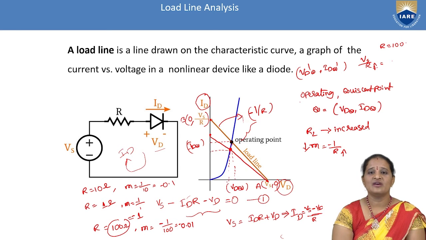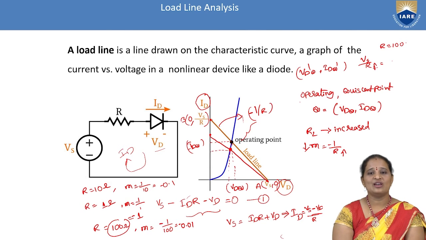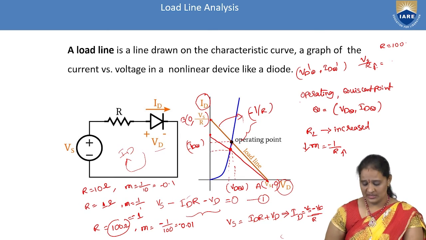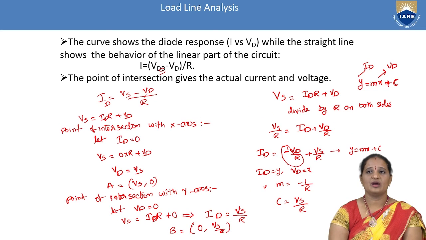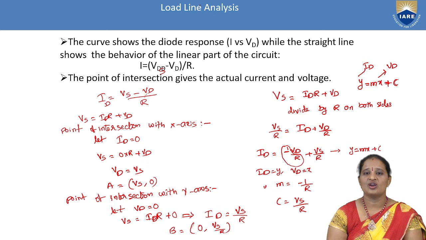Hence the linear and non-linear modes of operation depend completely on the load resistance, or the resistance connected in series with the diode. So this is about the load line analysis, which is done for analyzing the nonlinear behavior of a nonlinear electronic circuit.